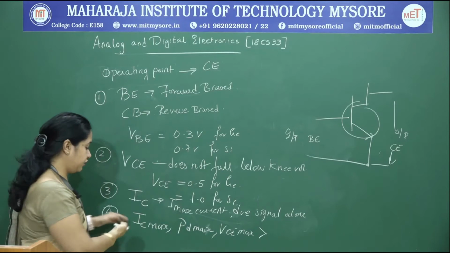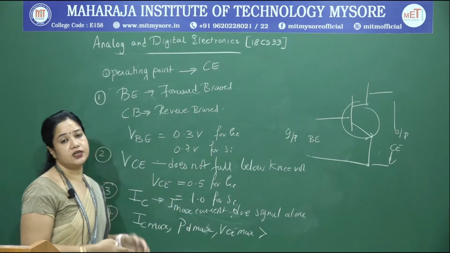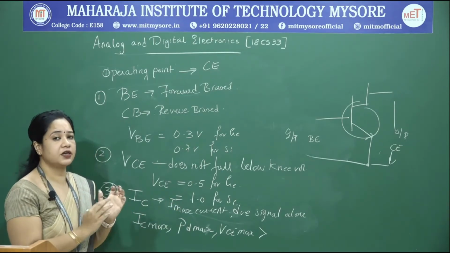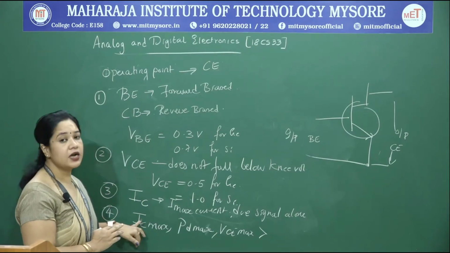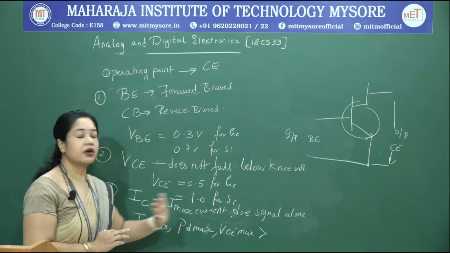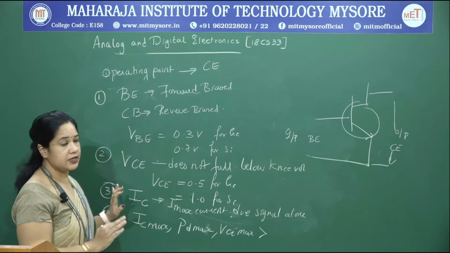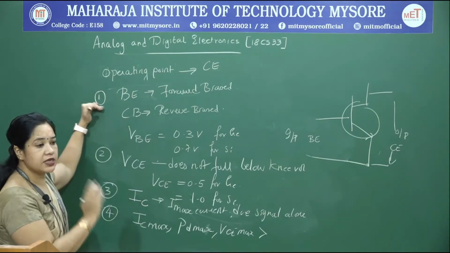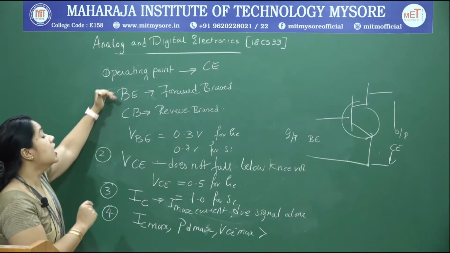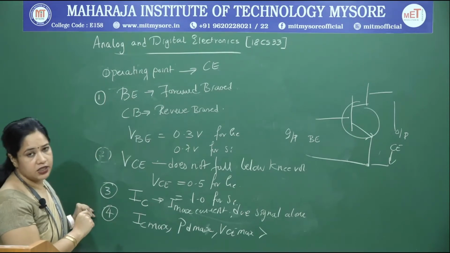Once these ratings are exceeded, there are chances of burning your transistor. So you should ensure that the maximum current, power and voltage ratings are not exceeded. So efficient selection of operating point is done by considering these factors.